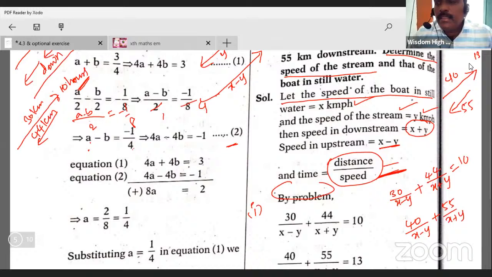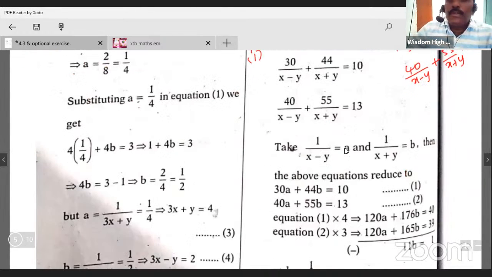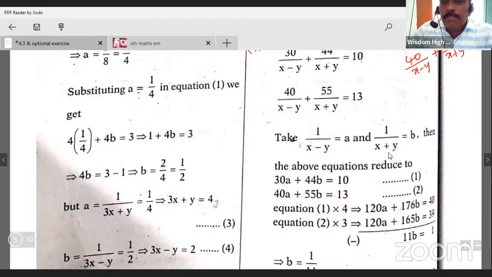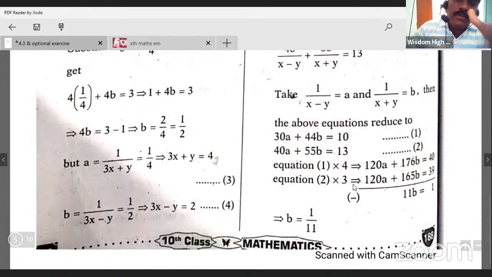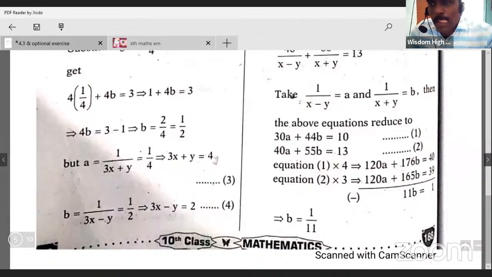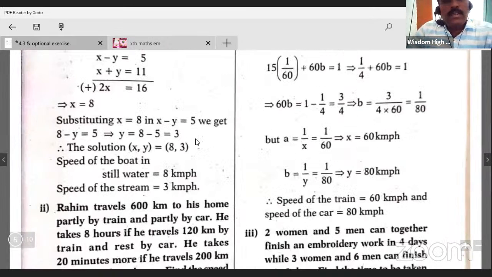That has happened in 13 hours, right? Now, what is the common? 1 by x minus y is the common. We take 1 by x minus y equal to a, and 1 by x plus y equal to b. The equations will be converted like this. Already we discussed it well. You have to use any one of the methods. Try to learn it, compulsory. Then you will solve it easily.